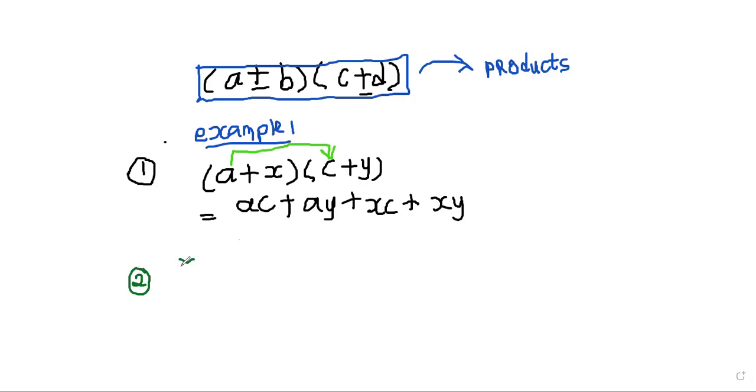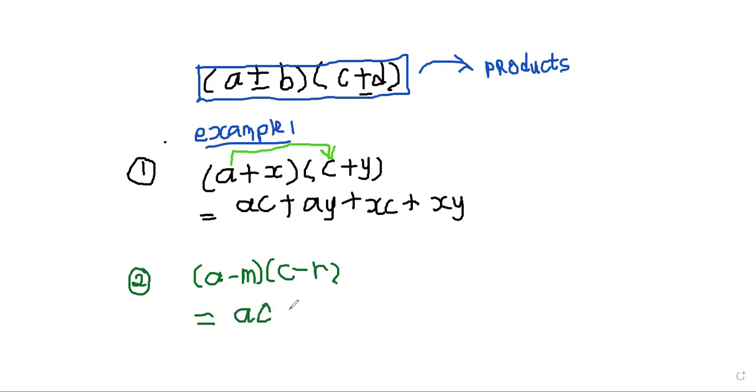And in an instance whereby they give you (a minus m) and let's say (c minus r), you're still going to use the product, using the FOIL method. We multiply a times c, that is going to be ac.